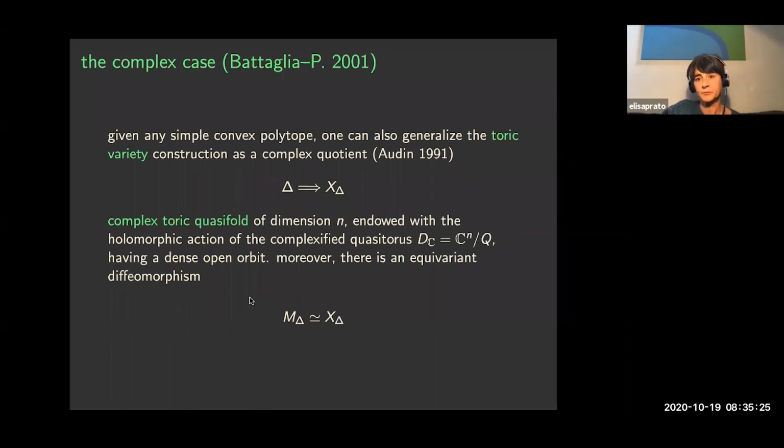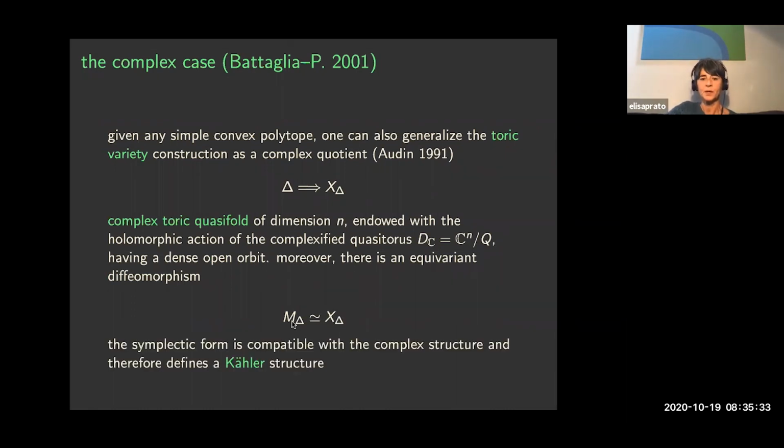And there is a diffeomorphism between X_Δ, this quotient, and the M_Δ that I described earlier. And the symplectic form is compatible with the complex structure. So we have a Kähler structure on M_Δ, X_Δ.